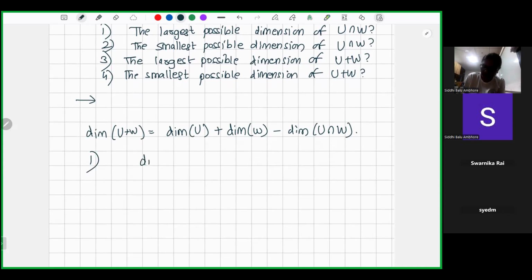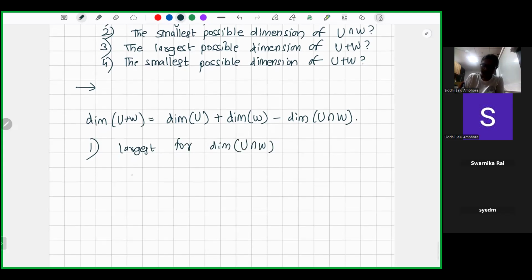Note that if dimension of U intersection W is 0, we want the largest possible.